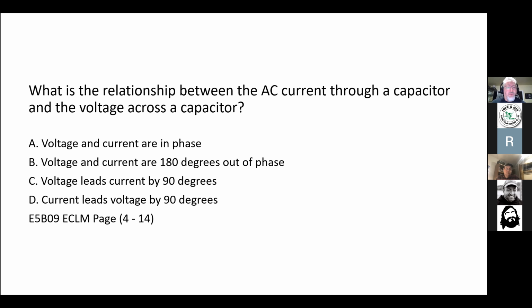C, voltage leads current by 90 degrees. Or D, current leads the voltage by 90 degrees. Delta is correct. Eli the Iceman. So in a capacitive circuit, I leads the voltage.